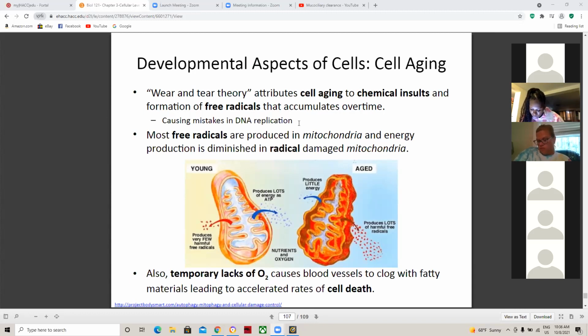Most free radicals are produced in mitochondria during energy production, and the result is that production is diminished because the radicals damage the mitochondria. So free radicals produced in the mitochondria cause destruction of the mitochondria.